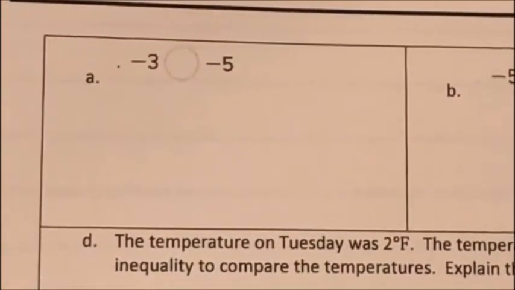All right, so there are a couple of try-it problems. I want you to go ahead, pause the video, try out the try-it problems, and then when you're done, we will go over the answers together. All right, now that you've had a chance to look over the try-it problems, let's go over the answers together. Letter A says negative 3 and negative 5. I want to compare these.